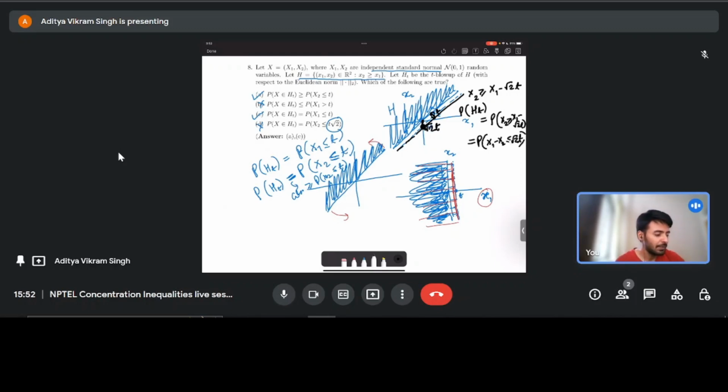And so basically what we are claiming by rotational invariance is that this is also equal to probability of x1 less than or equal to t. This is also equal to probability of x2 less than or equal to t. And this comes from rotational invariance of standard normal. Standard normal has the same variance in all directions, so that is why it's rotationally invariant.